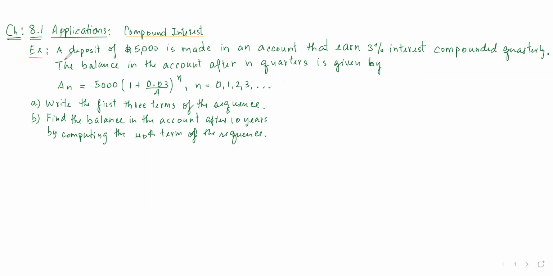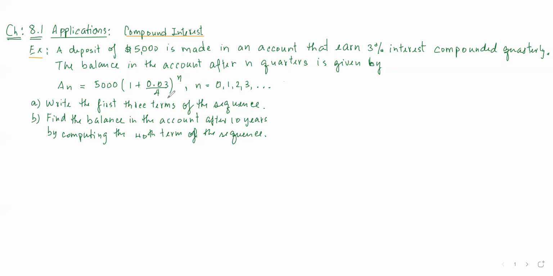This example says, a deposit of $5,000 is made in an account that earns 3% interest compounded quarterly. The balance in the account after n quarters is given by this formula, okay? And that sequence starts from 0, not from 1.